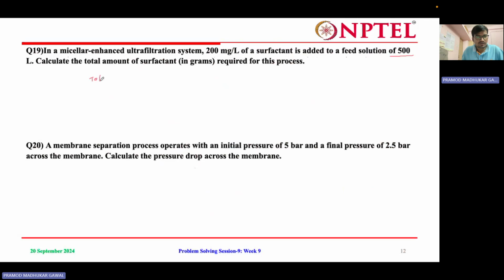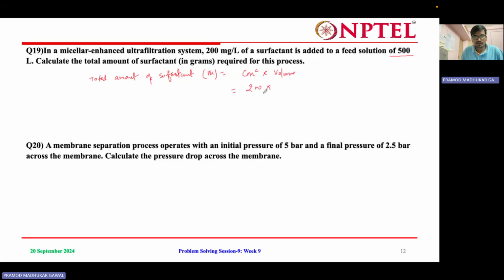So the total amount of surfactant, denoted by m, right? Concentration into volume: concentration of the surfactant into volume of the solution.